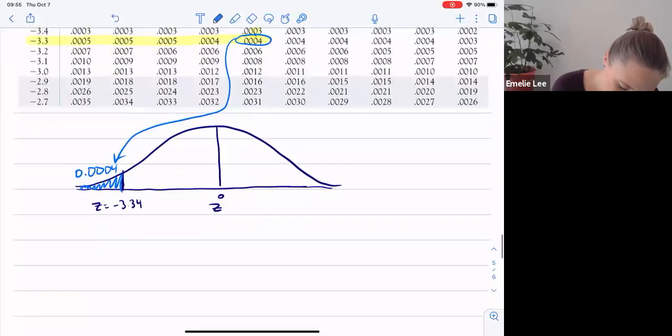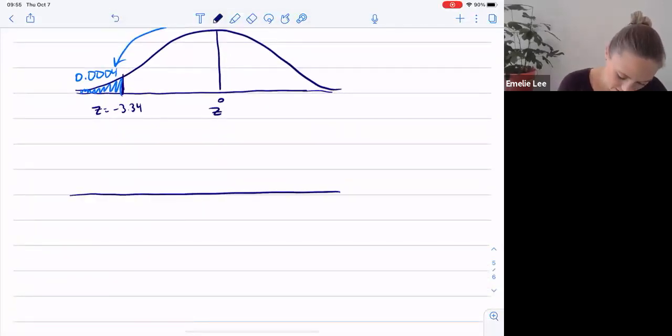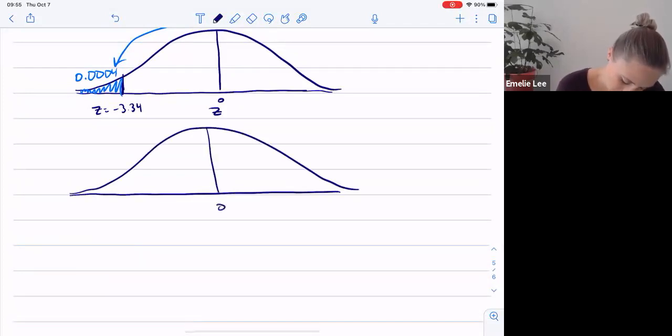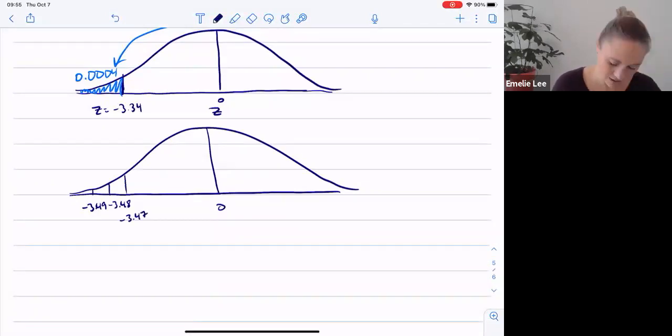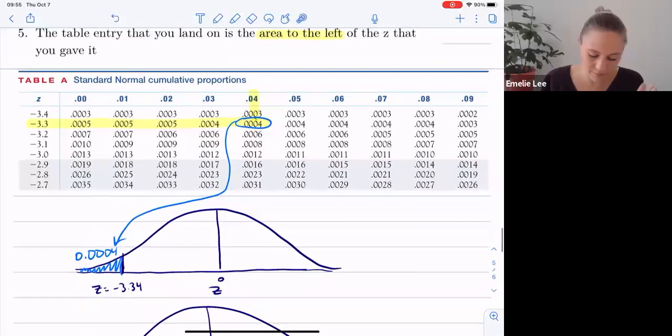All it's doing is giving the area to the left at negative 3.49, negative 3.48, negative 3.47, right? And so it's just cutting it down. It gets a little bit weird because negative 3.49 is the smallest possible Z. Why is that?